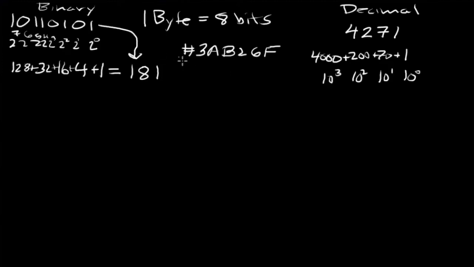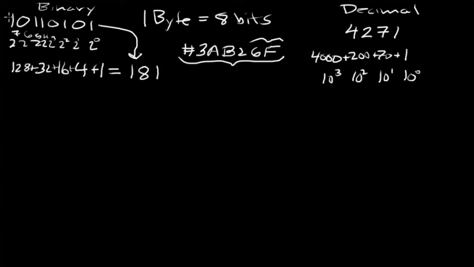This is how a color gets represented in web design. This right here is 6 pieces of information. It's actually 3 bytes because it turns out that these two together make 1 byte, these two together make 1 byte, etc.